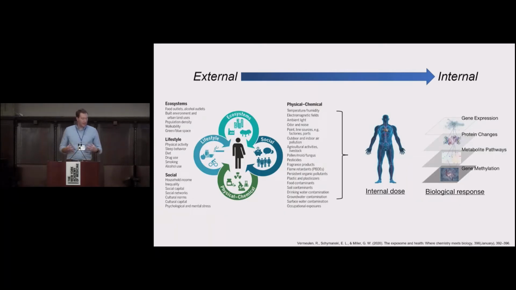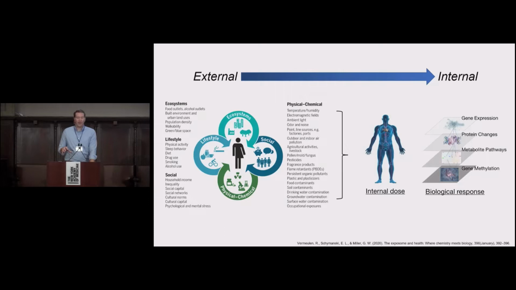And so really, one thing that's critical in this definition is the recognition, and this was said very elegantly in the previous presentation, that in order for an exposure to have an effect, it first must be internalized within the body. I'm mostly talking about physical chemical exposures at this point, but this can also be extended to psychosocial stressors and other forms of environmental stressors.